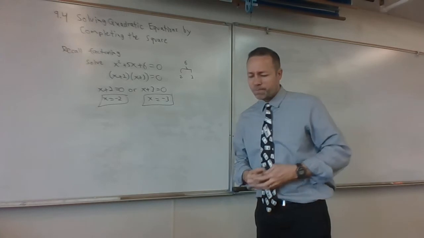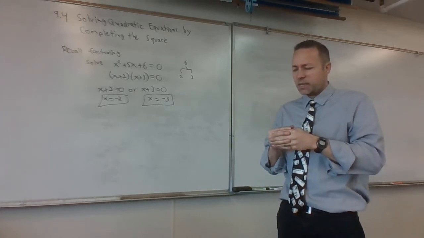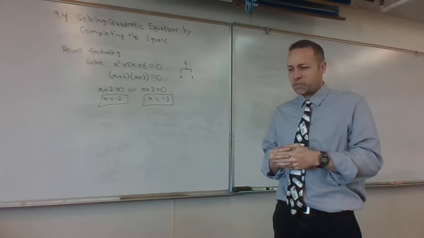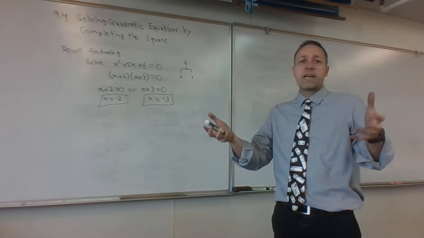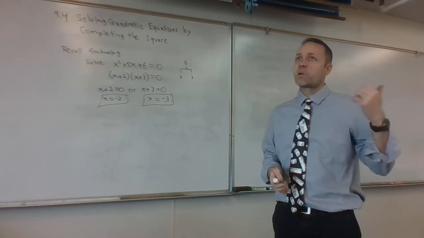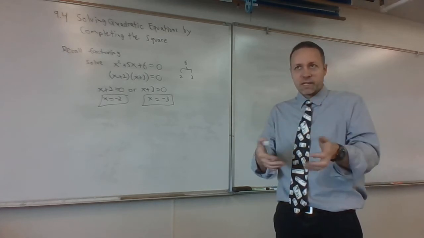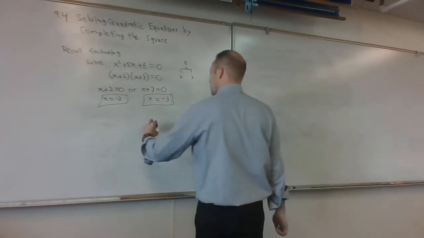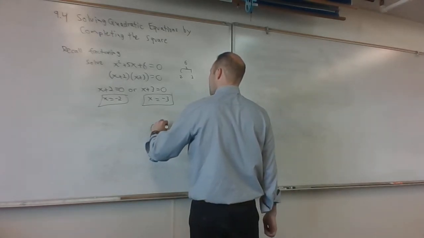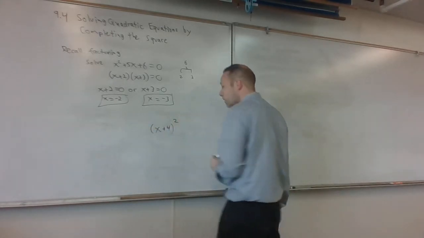All right, completing the square. Basically what we'll do is take a quadratic expression and modify it in order to create a perfect square. You might recall from last chapter we did a little bit with perfect squares. Perfect squares being if you have something like x plus 4 squared.